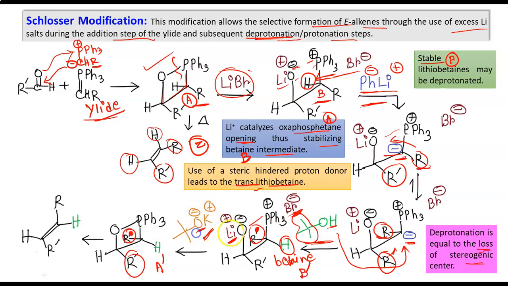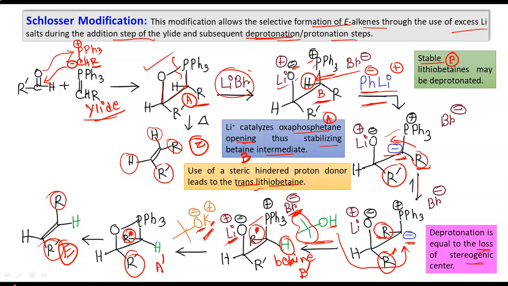This O- can capture this lithium plus, and K+ can capture this Br-. As a result, both counter ions are consumed and OP bond formation is possible. So we get oxaphosphetane again, and finally the alkene that we get is the E-alkene, because the R groups are on opposite sides.